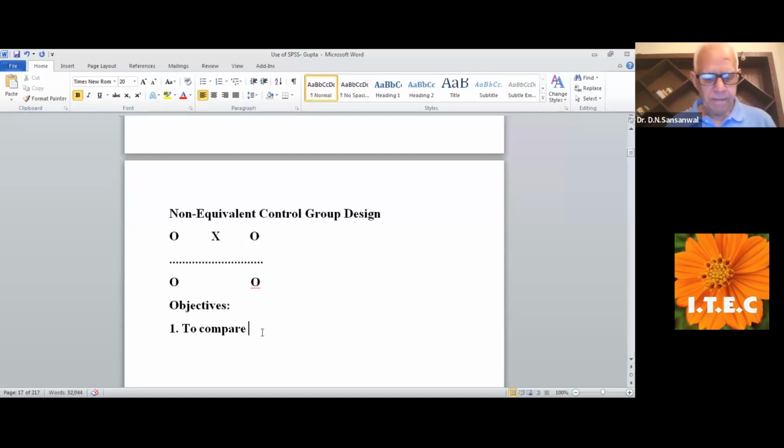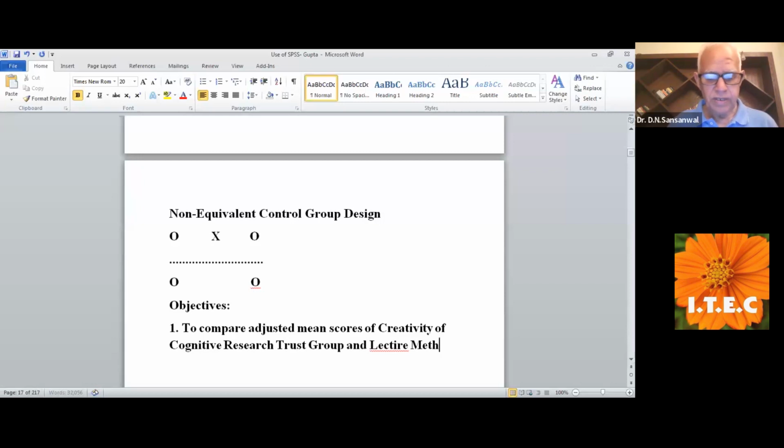So to compare adjusted mean scores of creativity of cognitive research trust group and lecture method group.